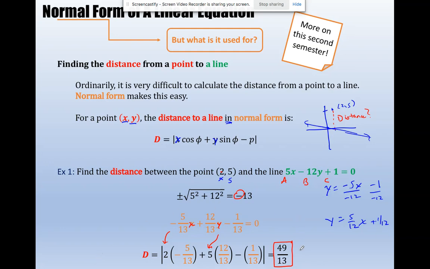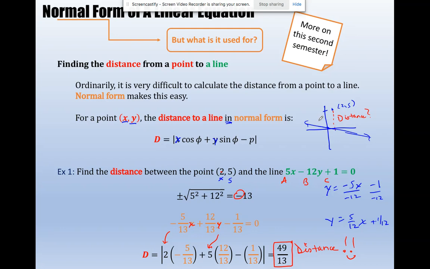Crazy, right? And again, we will use this more second semester. And I'll say to you, remember when we did at the end of first semester, we used the normal form of a line to calculate the distance from a point to a line.